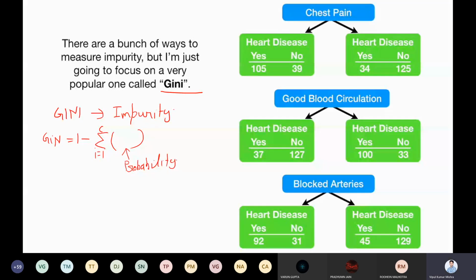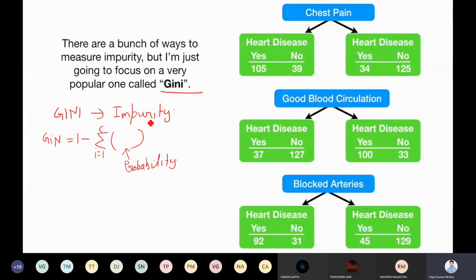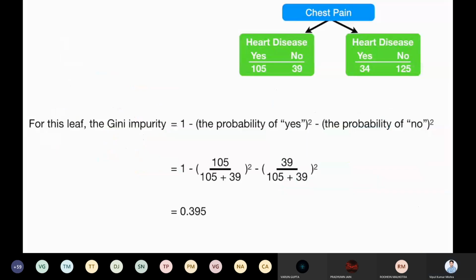Let us see the example for the first case. We are saying 1 minus the probability of yes squared; it should be squared, by mistake it was not written. First we compute the probability of yes: yes divided by total, and we take the total from here.